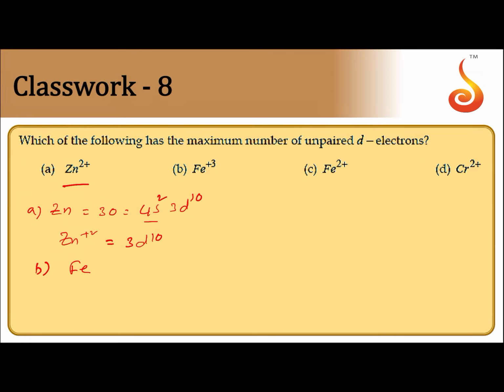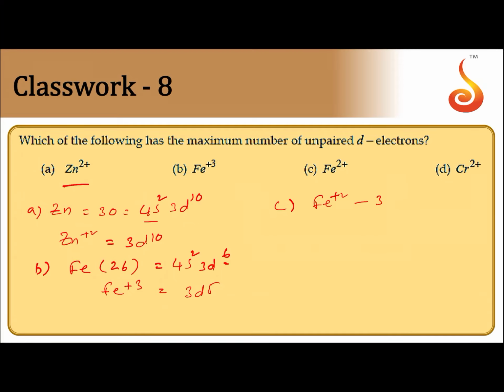When it comes to option B, Fe plus 3. The atomic number of Fe is 26, so it will be 4s2 3d6. For Fe plus 3, remove 3 electrons, that is 2 from s and then 1 from d, hence it will be 3d5. Then option C, Fe plus 2.